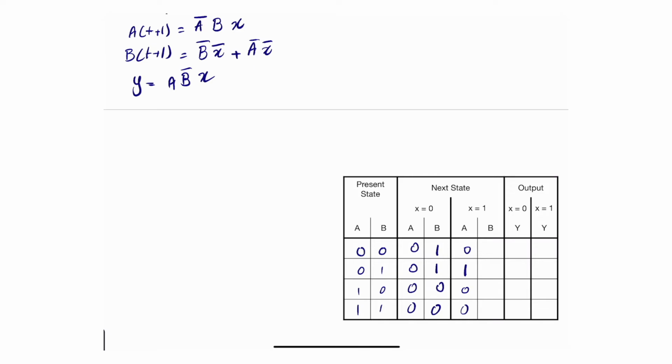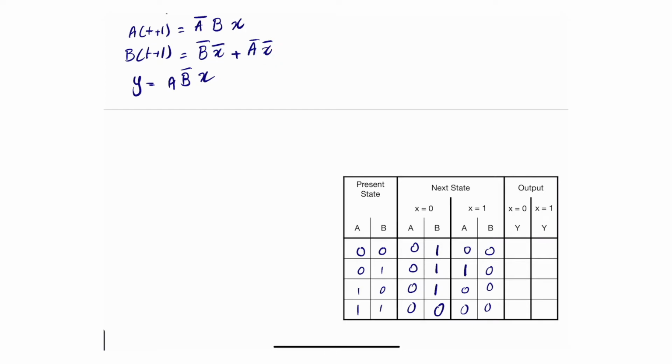The same goes for B here. I'm looking for X is 0 and B is 0, so I'll have a 1 and then a 0. And this one here is X and 1, so all of the rest should be zeros, and that's how we do it.